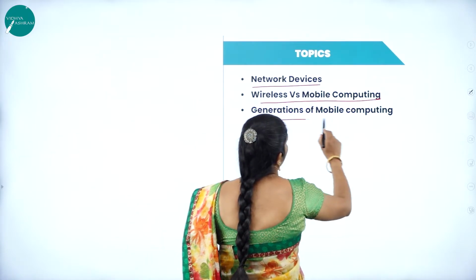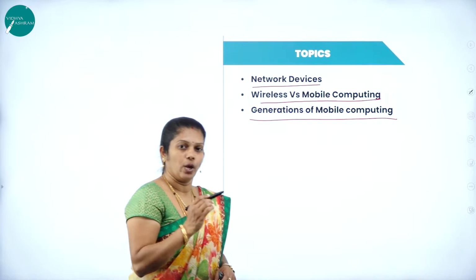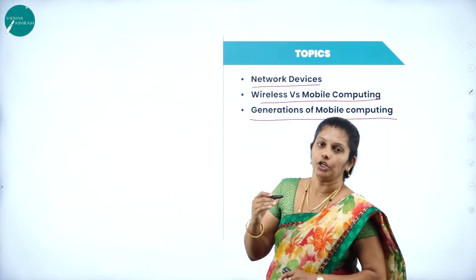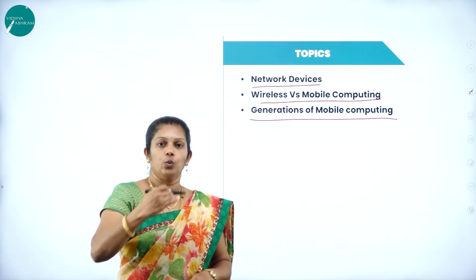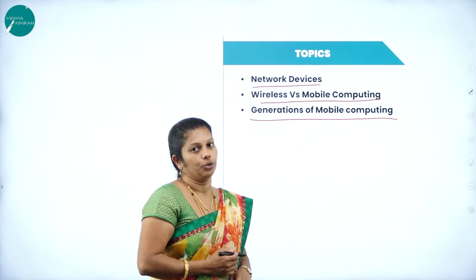Then, what do you mean by generations of mobile computing? That is, what do you mean by 1G, 2G, 3G? How exactly does it work in 1G, 2G, 3G, 4G as well as 5G? What are the advantages under each generation? Regarding that, you will study in today's class.